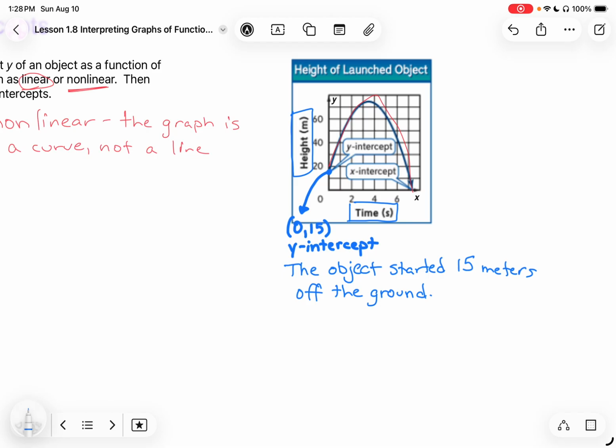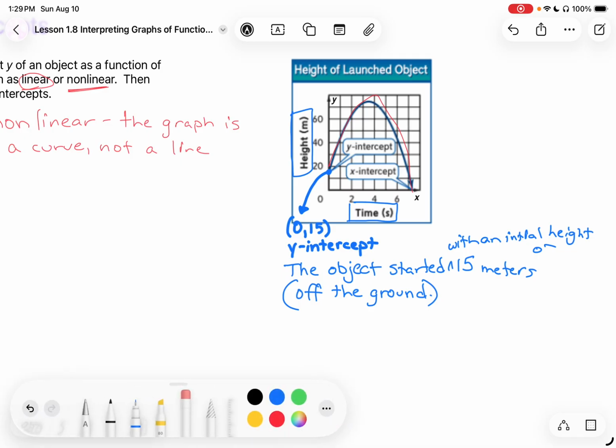Let's be good mathematicians: we'll say the object started with an initial height of 15 meters. We don't really know if it was off the ground, it could have been from the top of a building or a platform or something. 15 meters from the launch site, we don't know. Probably the ground, but we can't say for sure.